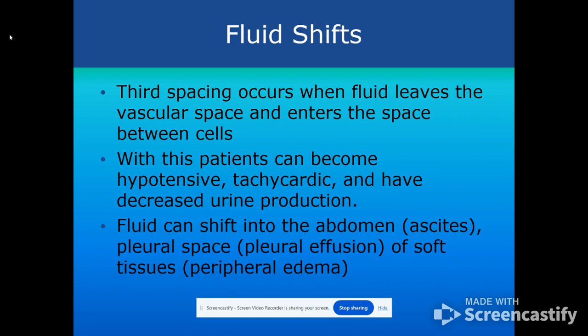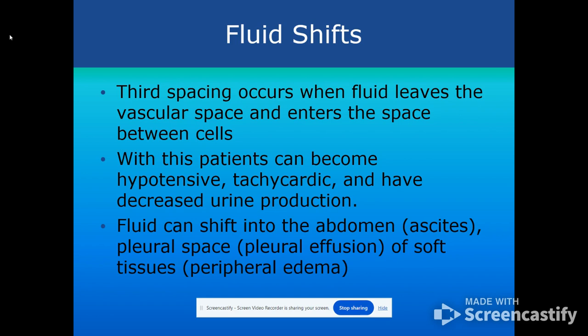Patients with cirrhosis, especially with ascites in the abdomen, have that fluid shift because of the cirrhosis within the liver. Patients with right-sided heart failure can also have fluid shifts, like third spacing. So the fluid can shift into the abdomen, ascites, especially with patients with cirrhosis.